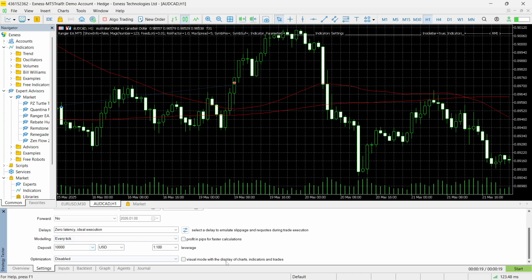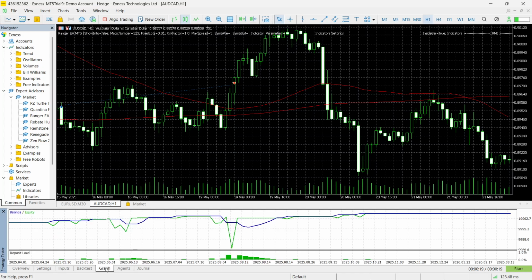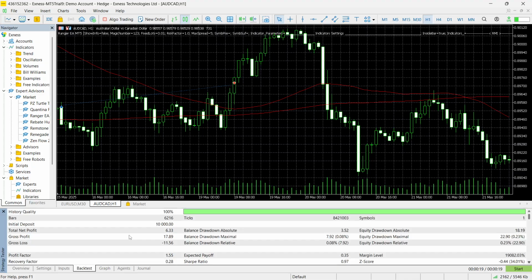Looking at the equity curve here, you see a mostly steady upward grind with some flat periods, but there are noticeable dips, especially this sharp drawdown around mid 2025, where equity dropped hard before recovering. The deposit load shows multiple positions opening up during those times, which lines up with the averaging behavior. As for the key stats, total net profit was just $6.33 over the test period.